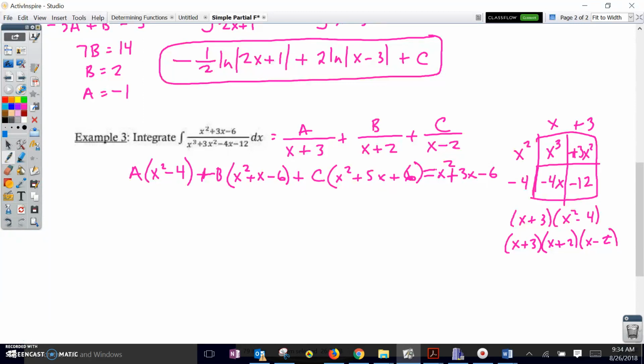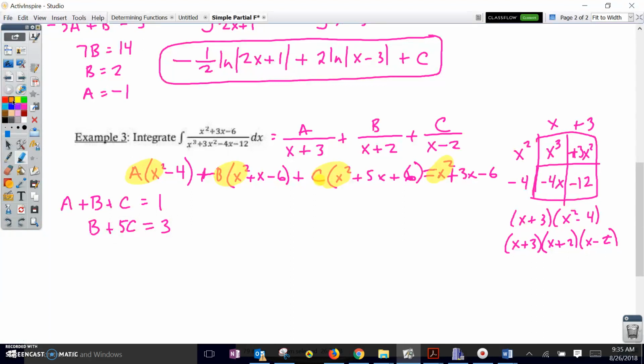So my system is going to be a plus b plus c is equal to 1. And that's because of the x squareds. And then my second equation in my system is going to be b plus 5c is equal to 3.